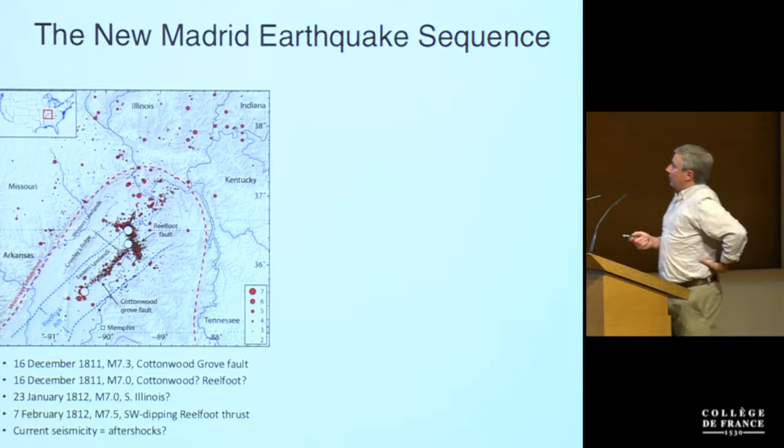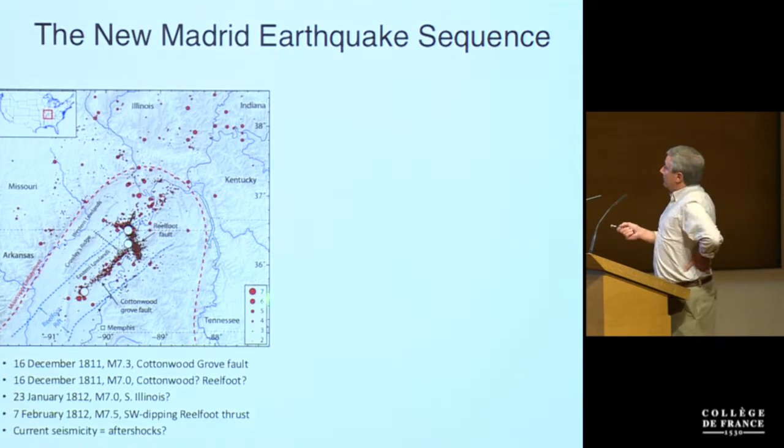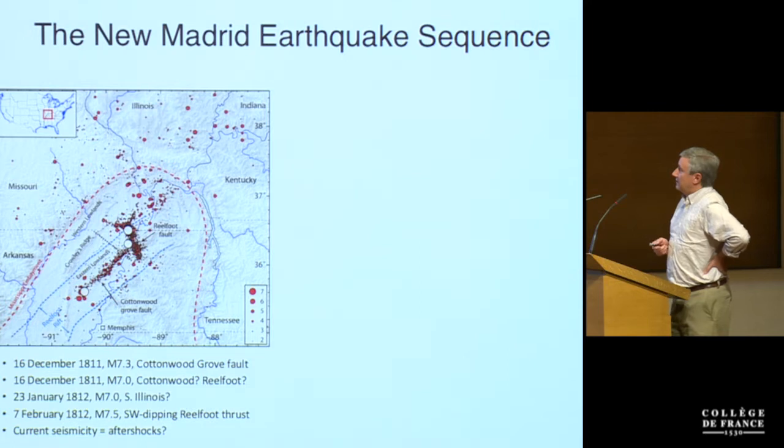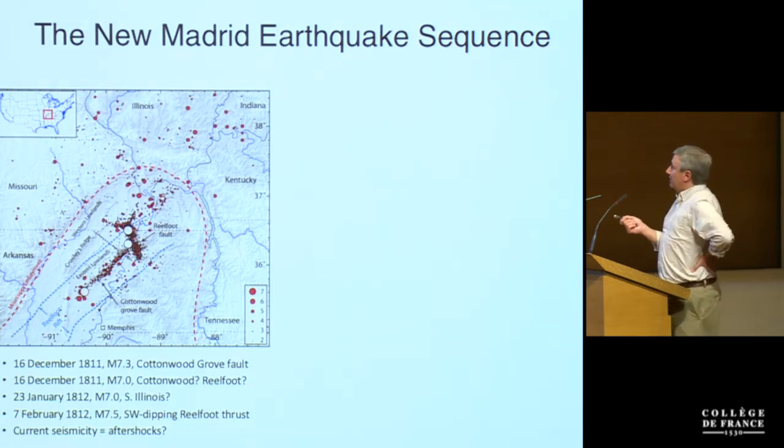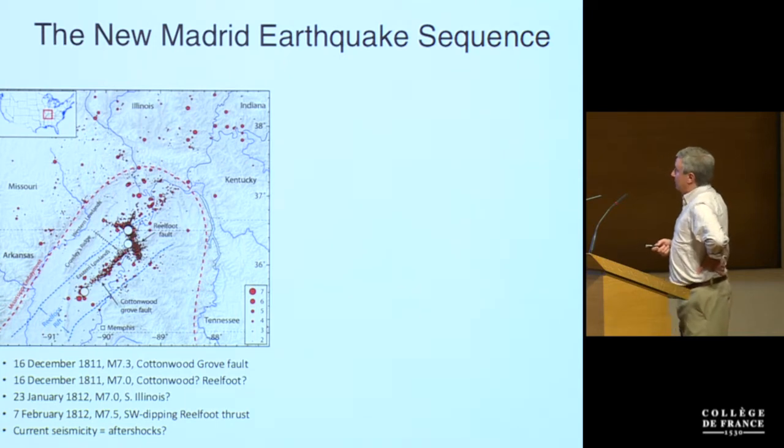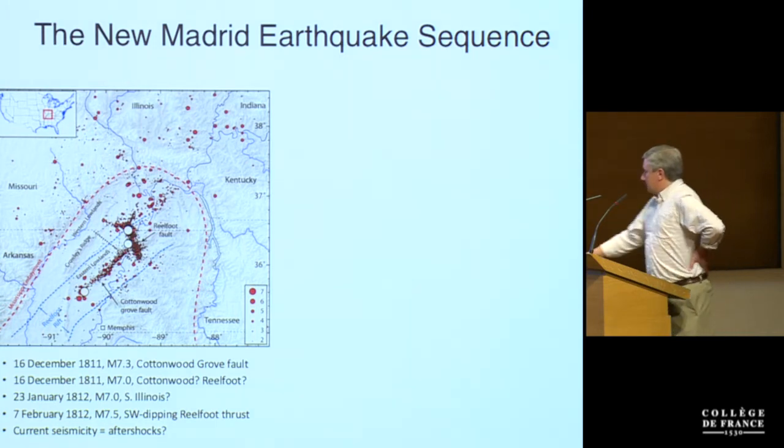So let's have a closer look at the New Madrid region of central eastern US here, where this is the outline of the upper Mississippi embayment, and this place is the locus of significant seismicity today, the red dots that you see here, and a series of earthquakes in 1811, 1812. Three of them are roughly located by the white circles on this map.